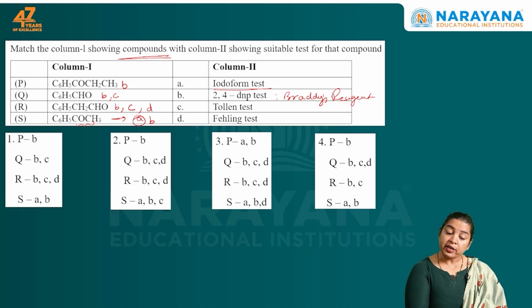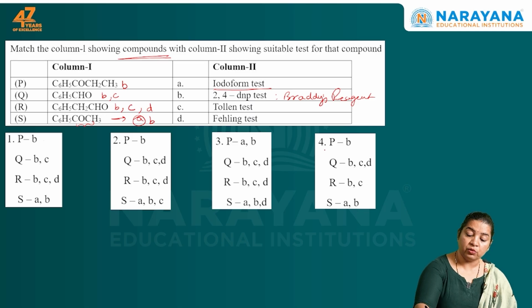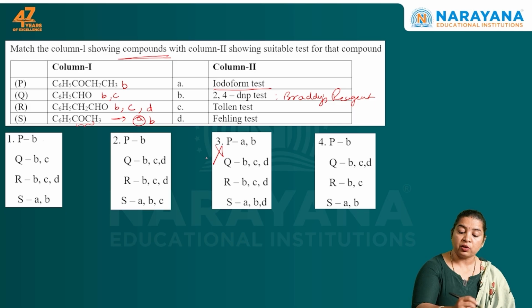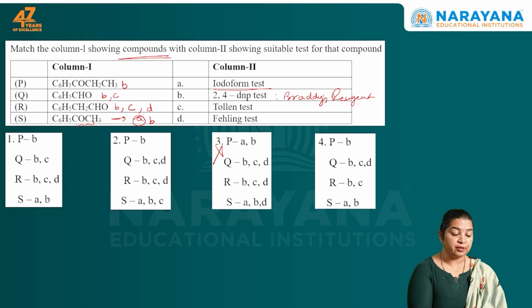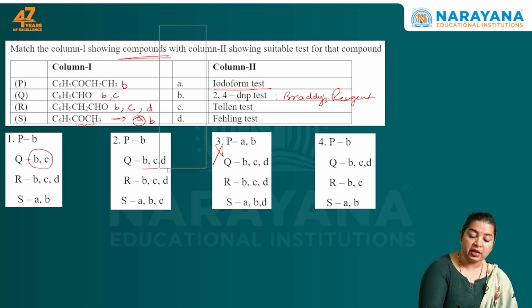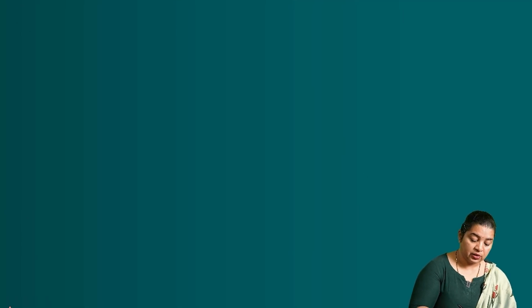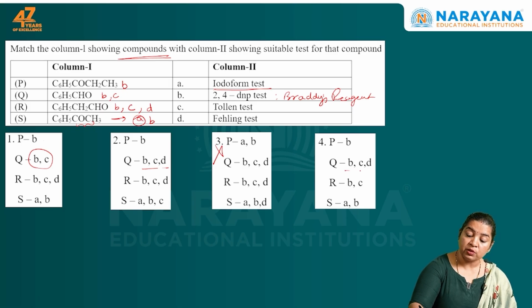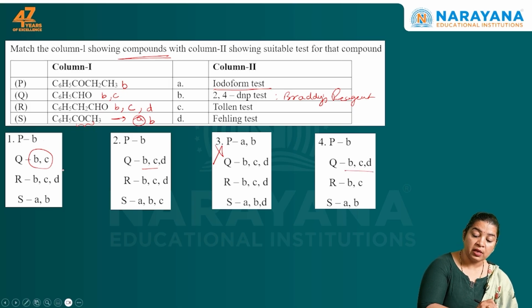So, final conclusion, P should be matched with only B. So, I have only choices first, second and fourth. Option 3 delete, not acceptable for us. Q, B and C, and only this option has B and C. So, our choice has to be option 1.